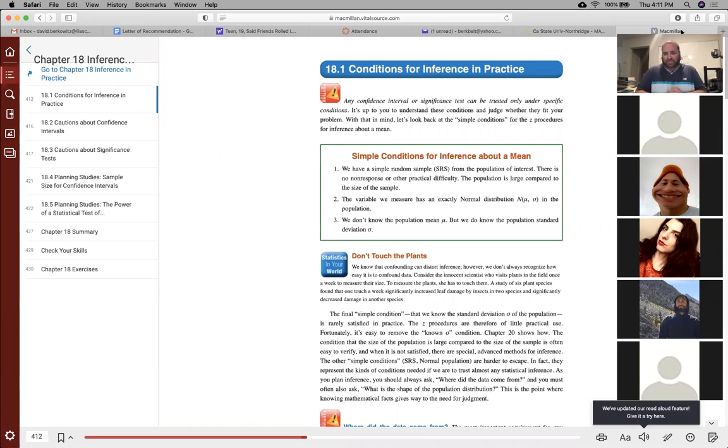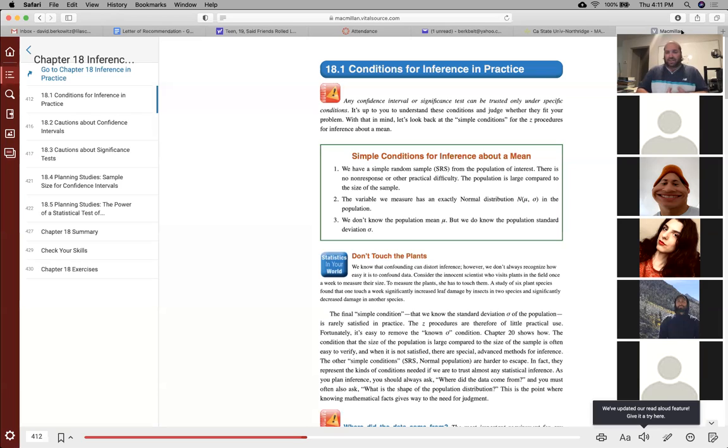This box here lists the 3 conditions that must be satisfied before you're allowed to use the confidence interval and hypothesis testing formulas that we had on Crunchit, or that in general we had formulas for. The first one is it must come from an SRS.